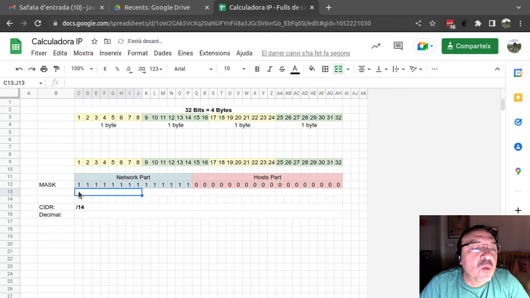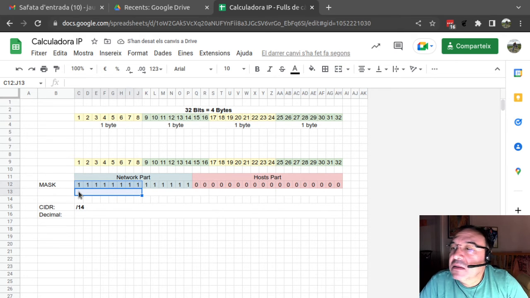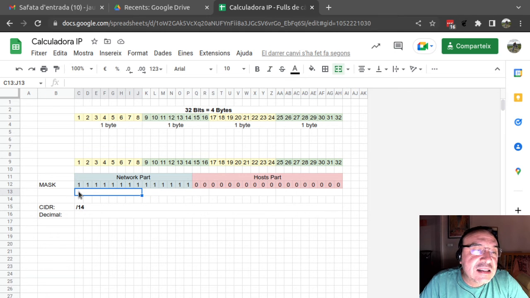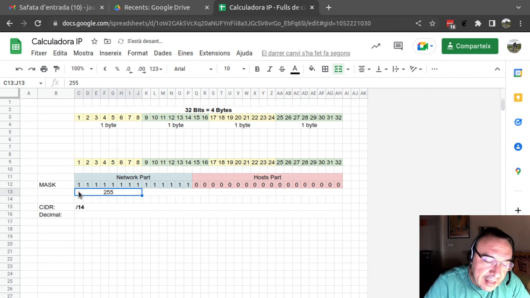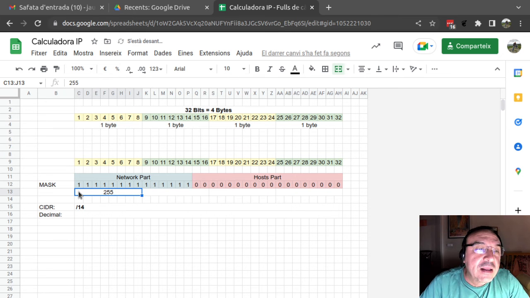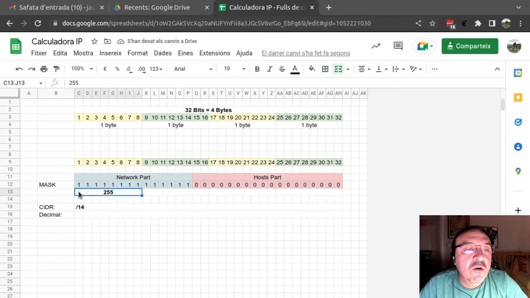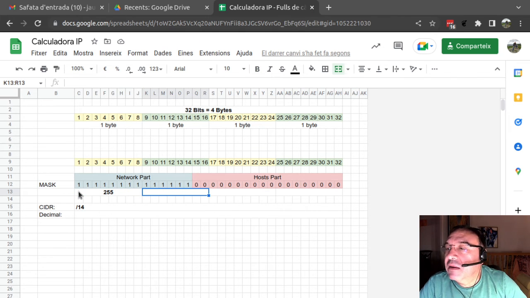Okay, first one, all the bits in that byte are at 1. So we know that it has the value of 255. Okay, that's the first part of our mask, 255.